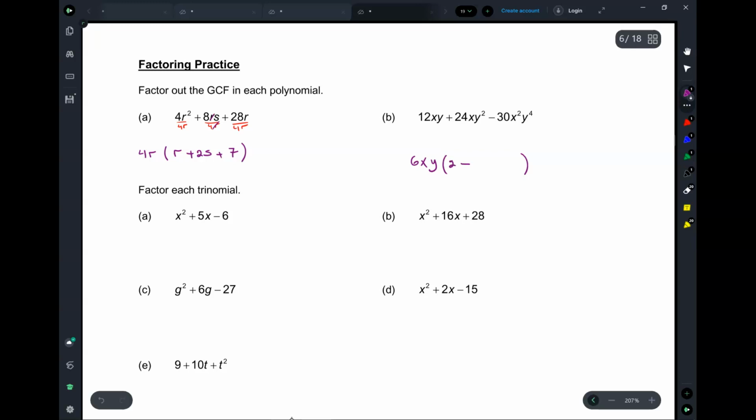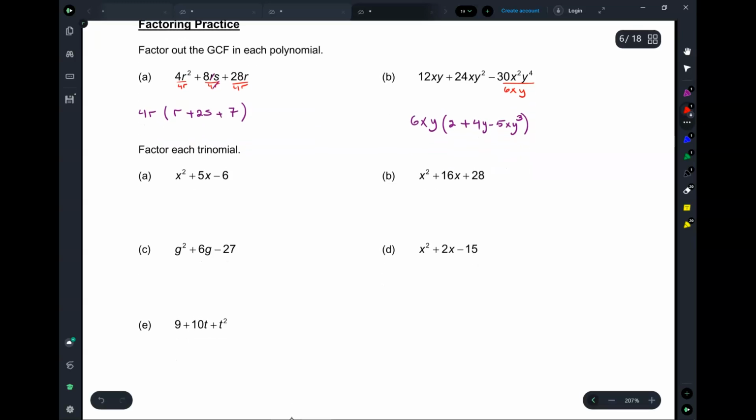Plus 24 divided by 6 is 4, and a y remains. Minus 5 xy cubed, sorry. We divided by 6xy, y to the 4, take out 1y, you have y cubed left. This is factoring out a GCF, a monomial.